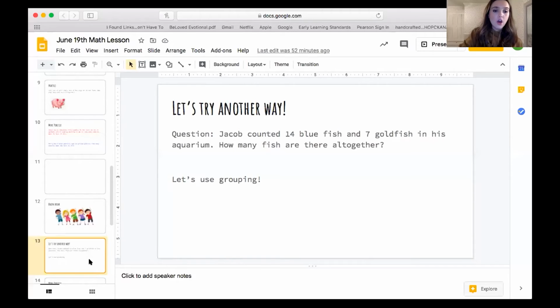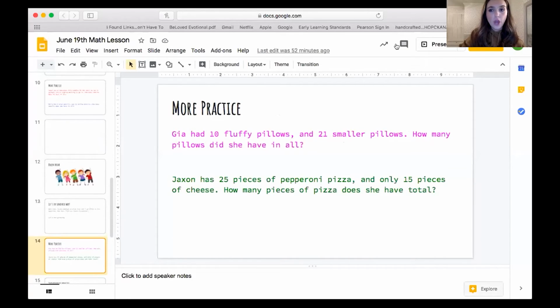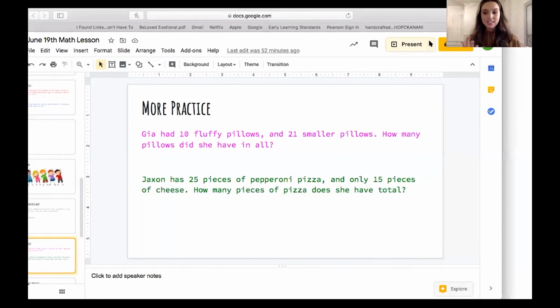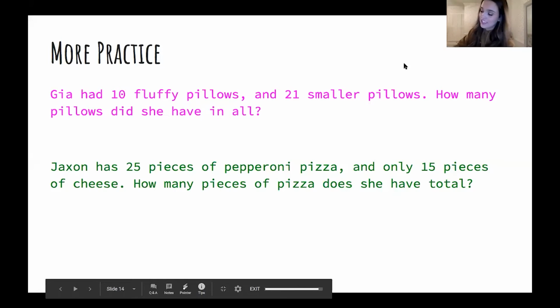Great. All right. Okay, so here is more practice that we are going to do together, and we are going to continue to practice using our units to help us. Okay, let's look at the problem in pink. Our first step is always to read. So let's read it.